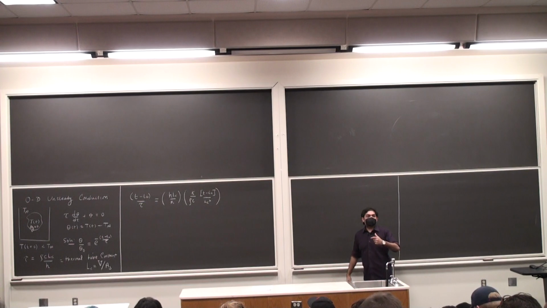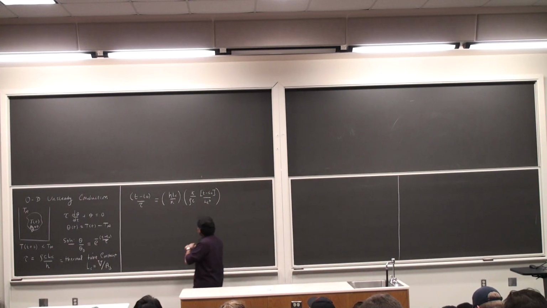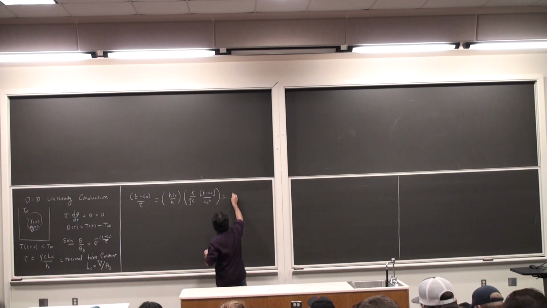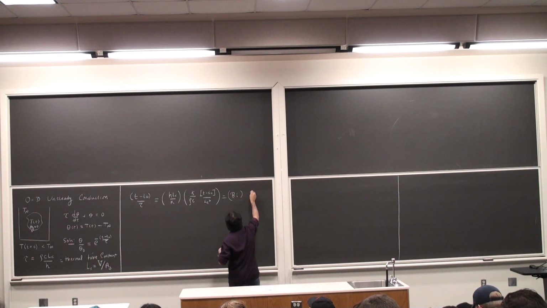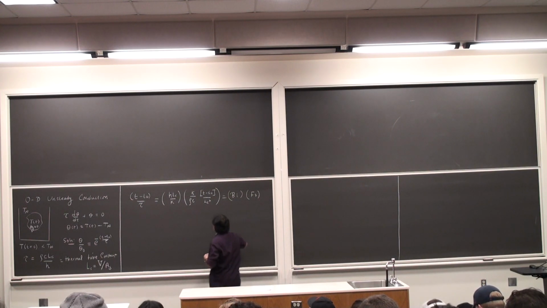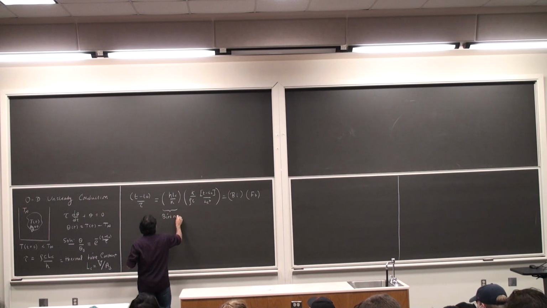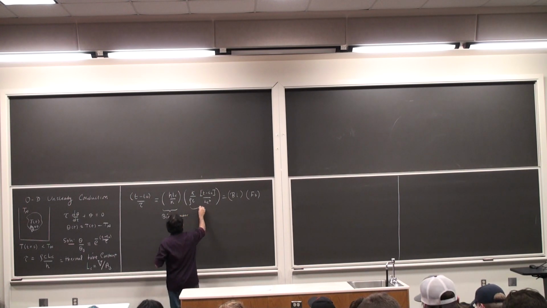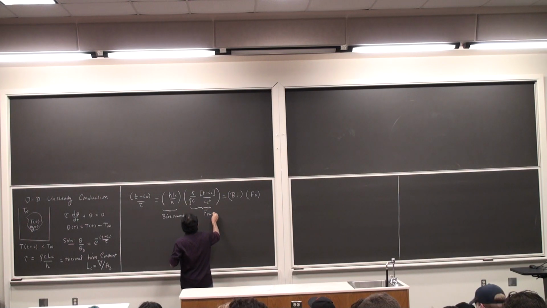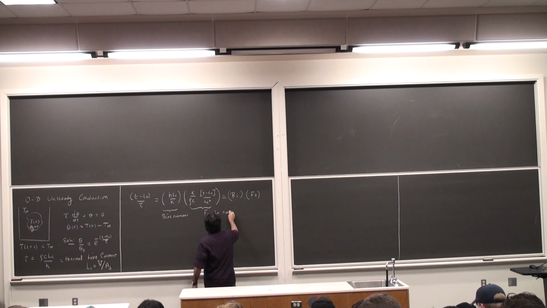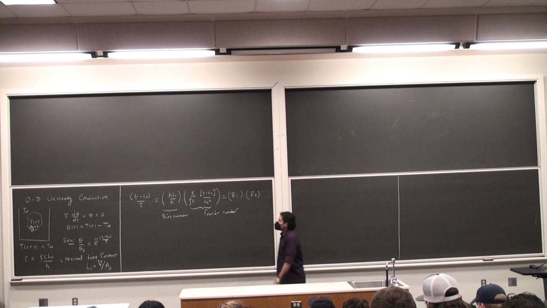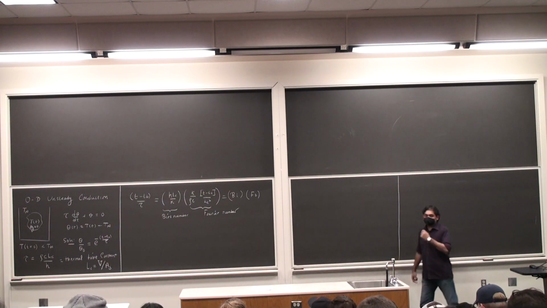The first grouping is your Biot number, Bi, and the second is Fo, the Fourier number. The Fourier number and the Biot number.